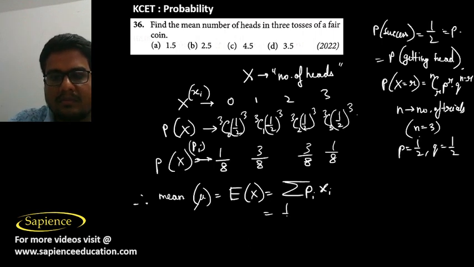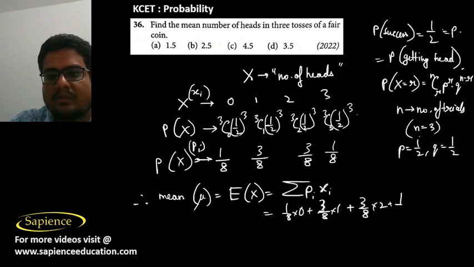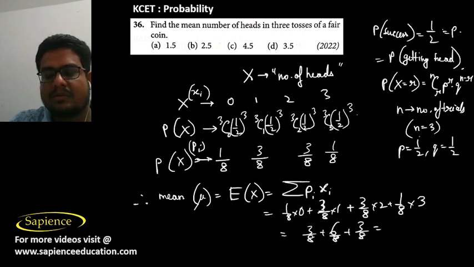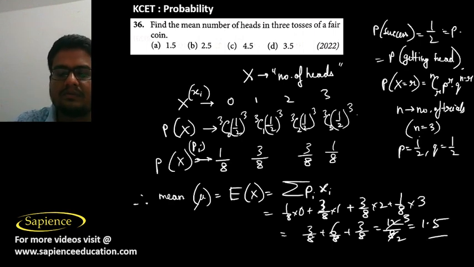So this will be 1 by 8 into 0 plus 3 by 8 into 1 plus 3 by 8 into 2 plus 1 by 8 into 3. So this will be equal to 3 by 8 plus 6 by 8 plus 3 by 8, which is 12 by 8. That will be equal to 1.5. So the mean number of heads is 1.5. So option A is the correct answer.